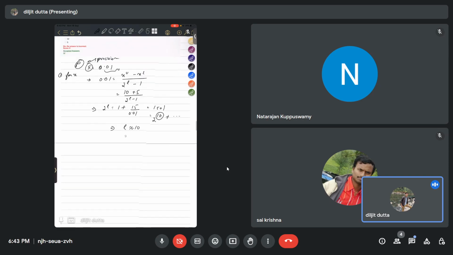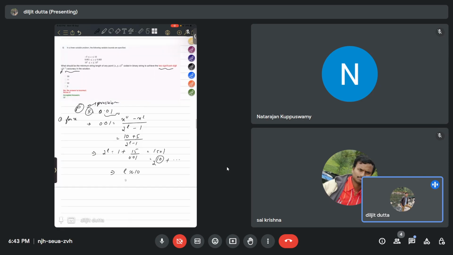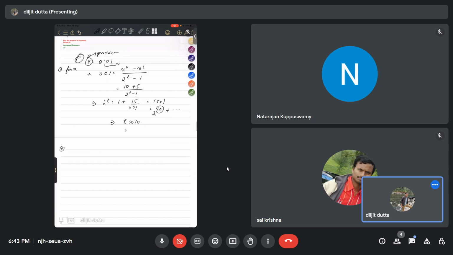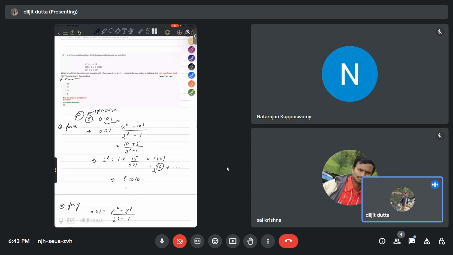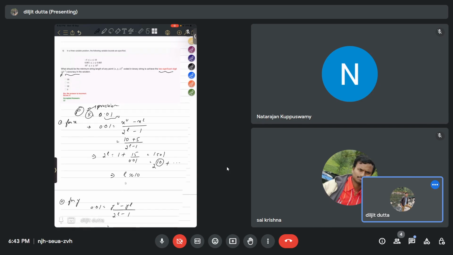Now for the second, that is for y, we do it again. 0.01 is the accuracy, equal to (yu minus yl) by (2 to the power l minus 1). The upper limit is 0.005 and the lower limit is 0.001.